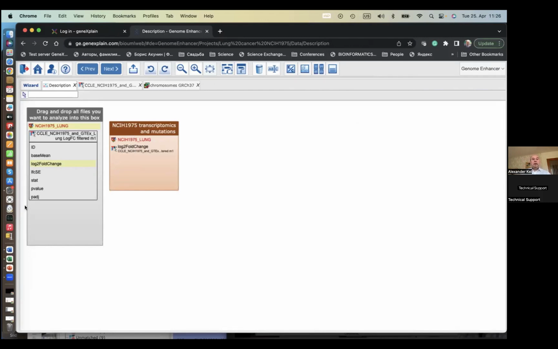By the way, if you don't have this pre-processed data and you have your raw data, for instance as counts, then you can also use it here. In next seminars I will show it in more detail, so the system will automatically compute the log fold change for you. If you have it already computed, you can use it directly, as I showed here.